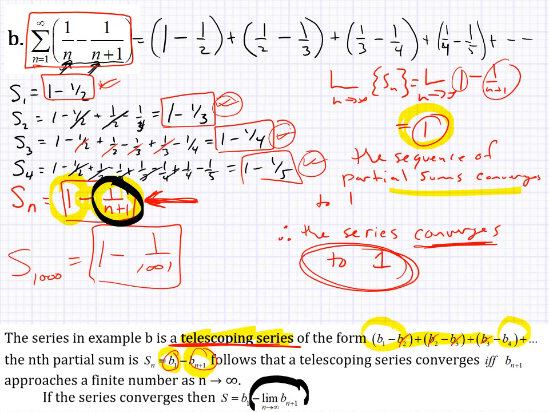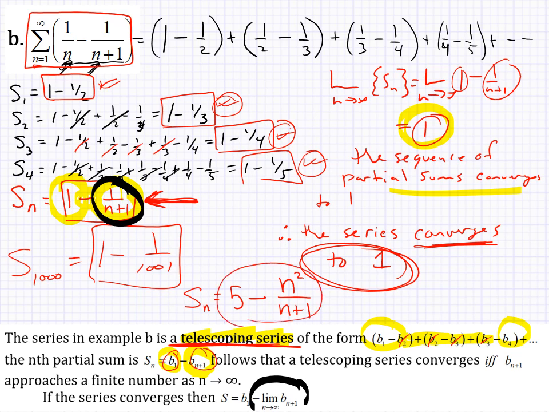So let's just give you a hypothetical. Let's say we had a sequence of partial sums for a telescoping series where the first term was 5 minus the pattern for the last terms, n squared over n plus 1. If I want to find the first term, I plug in 1 for n, and that total thing right here would give me the first term.